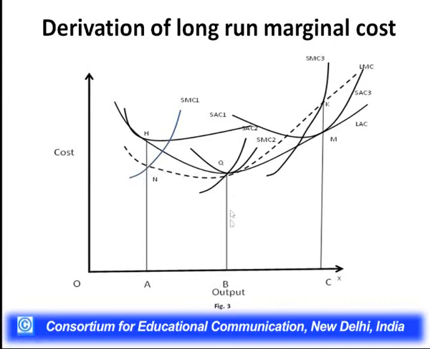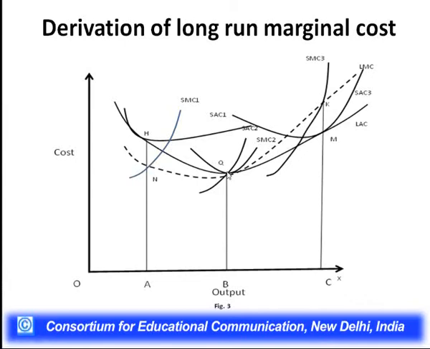When the output is OB, BQ is the average cost, and the SMC 2 is also passing through this point. This is the tangency point as well as the minimum point. So BQ is also the LMC at this point.